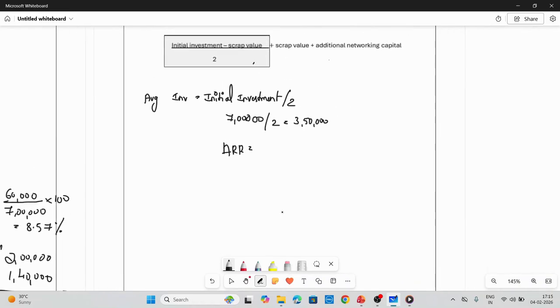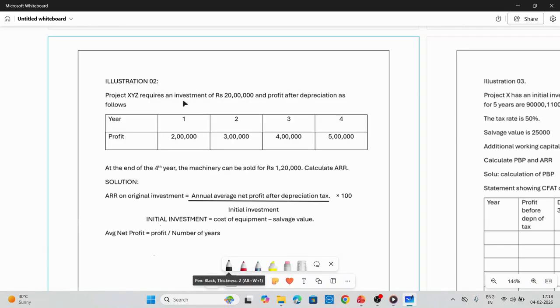So take that here. 60,000 divided by this amount, average investment 3 lakh 50,000, into 100 equals 17.14%. This is the answer.